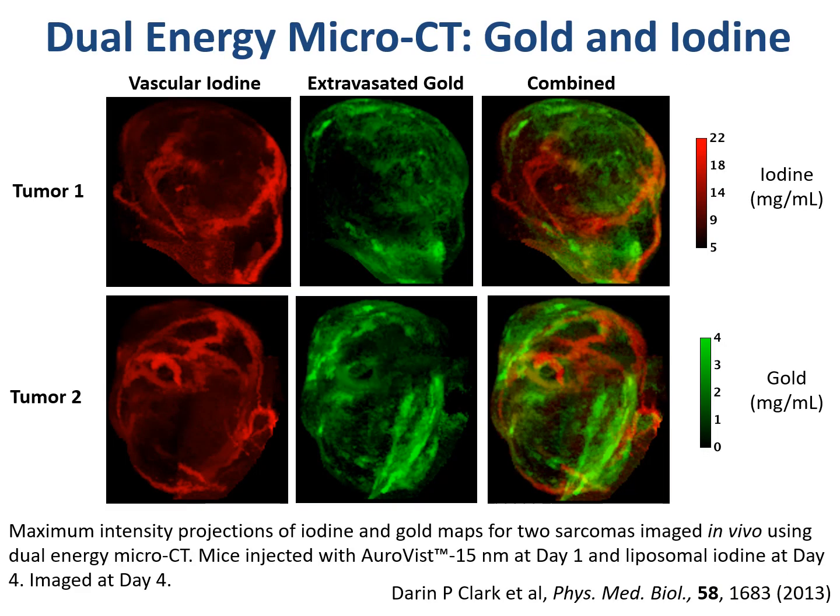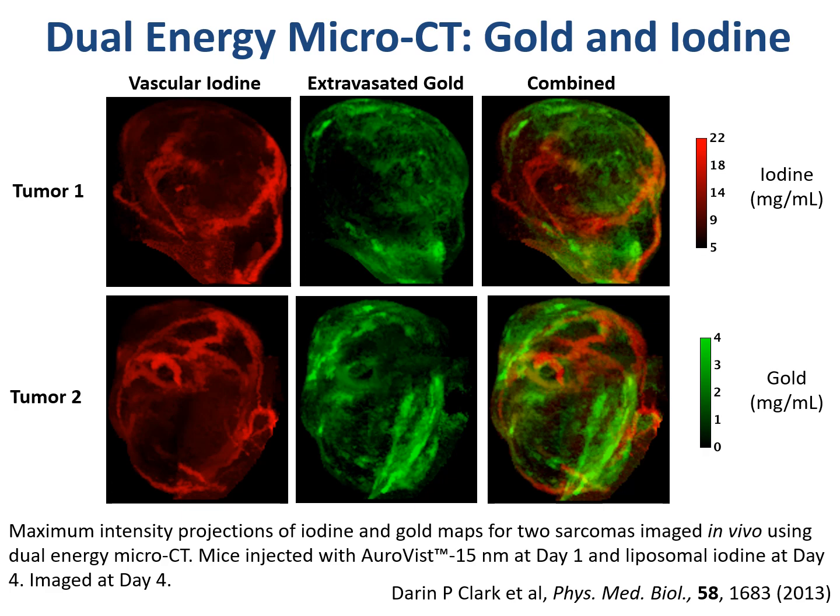Here's an example of this, showing the contrast of a tumor which has been slowly loaded over 4 days with a gold nanoparticle X-ray contrast agent. That's Nanoprobes' AuroVist gold nanoparticle X-ray contrast agent. And overlaid with that is an image of the vascular system, which was acquired using a liposomal formulation of iodine circulating through the blood vessels.